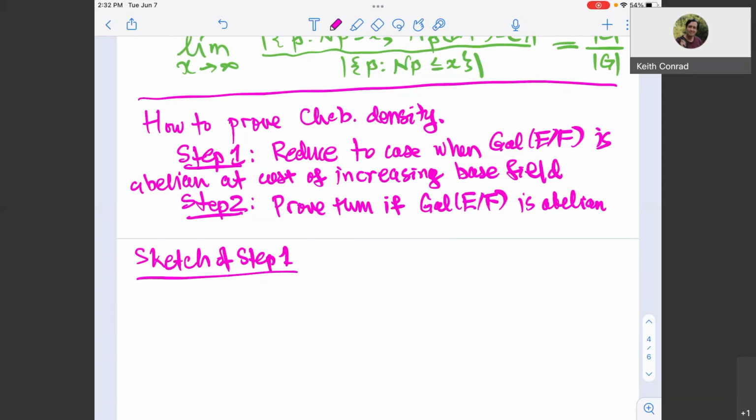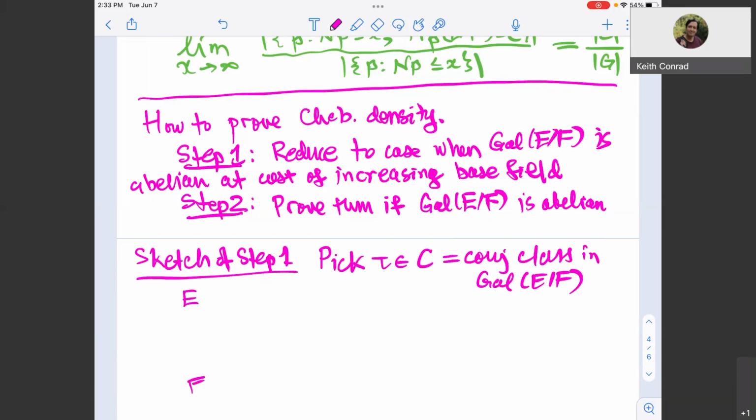So the idea is that you pick some elements in your conjugacy class. We're in a general setting here, the general Galois group, and we're going to use Galois theory. Between E and F, you have the subfield, I'll write E^tau, the elements that are fixed by tau. You pick an element in a conjugacy class, everything else is conjugate to it.